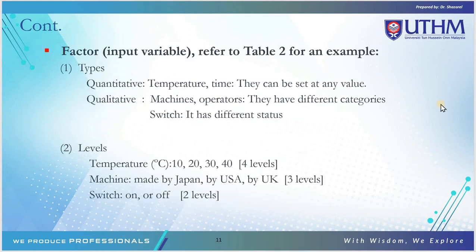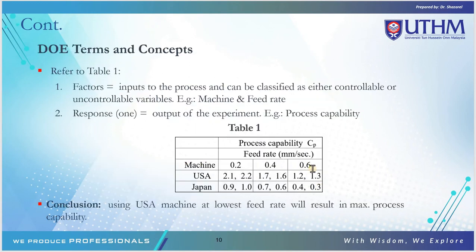From the example just now, we can differentiate types of factors, which are quantitative and qualitative. Quantitative here, in this case, is the feed rate in millimeter per second. This is a quantitative factor, and it can be controllable, because we can set the level of the feed rate. For the machine here, it is qualitative, which means we only have the type of the machine and we cannot control the level.